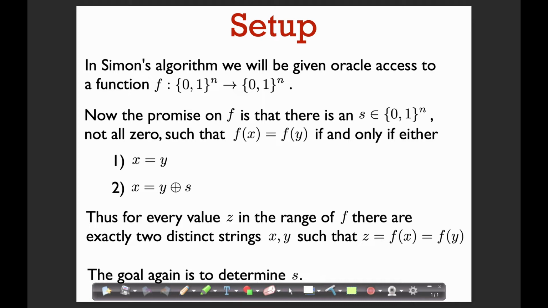We want to find this hidden string s. Again, we're given oracle access to f. We're promised that f has this structure determined by an n-bit string s, and our goal is to find out what s is by making queries to f.